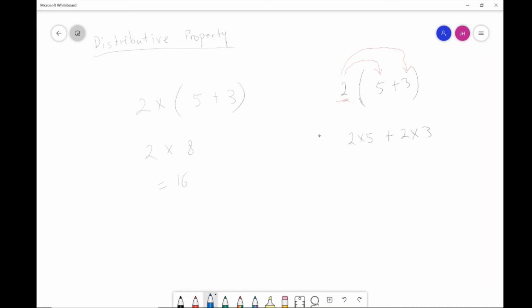Can you see that 2 times 5 is when 2 is distributed or multiplied to the first term in the parentheses, plus I'm simply following the signs within the parentheses, plus what's next is that the 2 is distributed to the second term, 3, like that. Okay, let's do the math. 2 times 5 is 10, plus 2 times 3 is 6. Altogether, you still have 16. Why is the distributive property important? When it comes to algebra, you cannot add a variable to a constant.